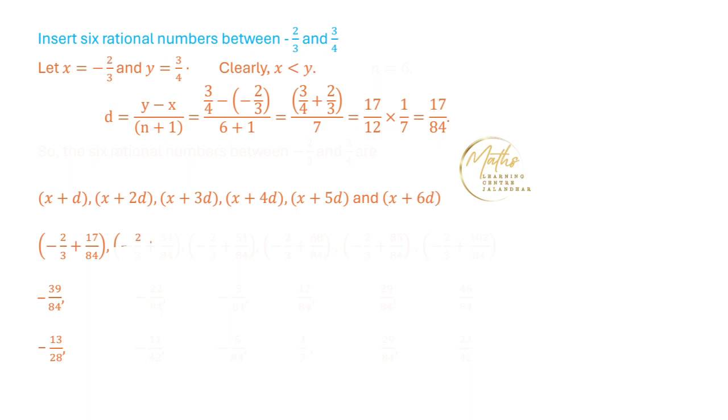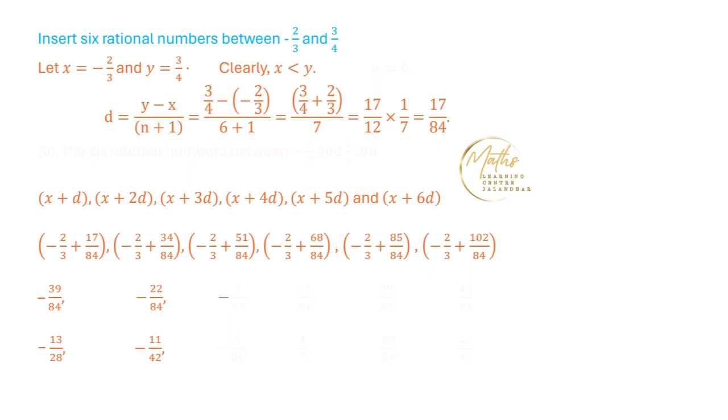The next value is minus 2 by 3 plus 2 times d, so 34 by 84. On solving this, you get minus 22 by 84, and on simplification this gives minus 11 by 42. Similarly, we can calculate the next values: x plus 3d, x plus 4d, x plus 5d, and the last value x plus 6d.